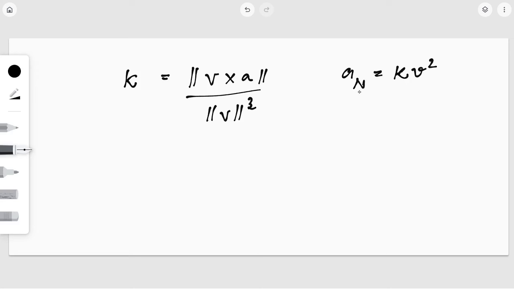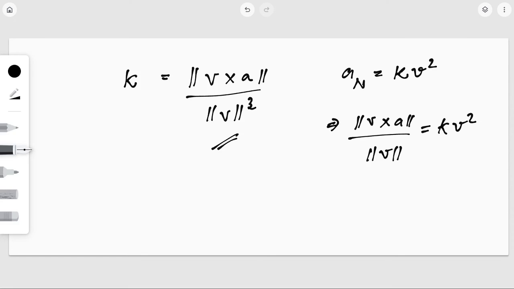We know that a n, that is the normal component, is given by kappa into v square, and we found that the normal component was magnitude of v cross a by magnitude of v. So from this, what do we get? Kappa is equal to magnitude of v cross a by magnitude of v whole cube. I hope it's clear to you.